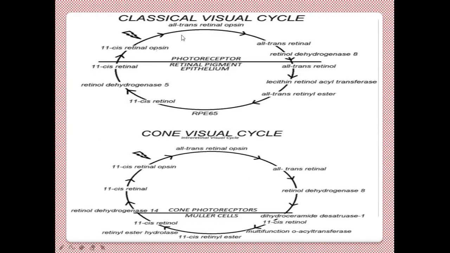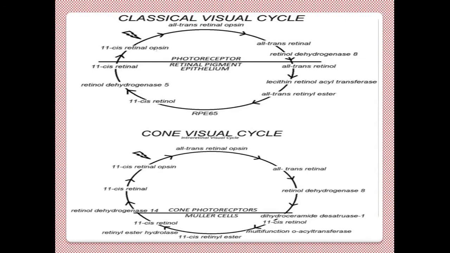The visual cycle happens in the rod cells, especially in rhodopsin, all-trans retinal and opsin. Here you see that light falls, 11-cis retinal opsin is there, and all-trans retinal is formed. Retinol dehydrogenase enzyme converts this all-trans retinal into all-trans retinol, the alcohol form.